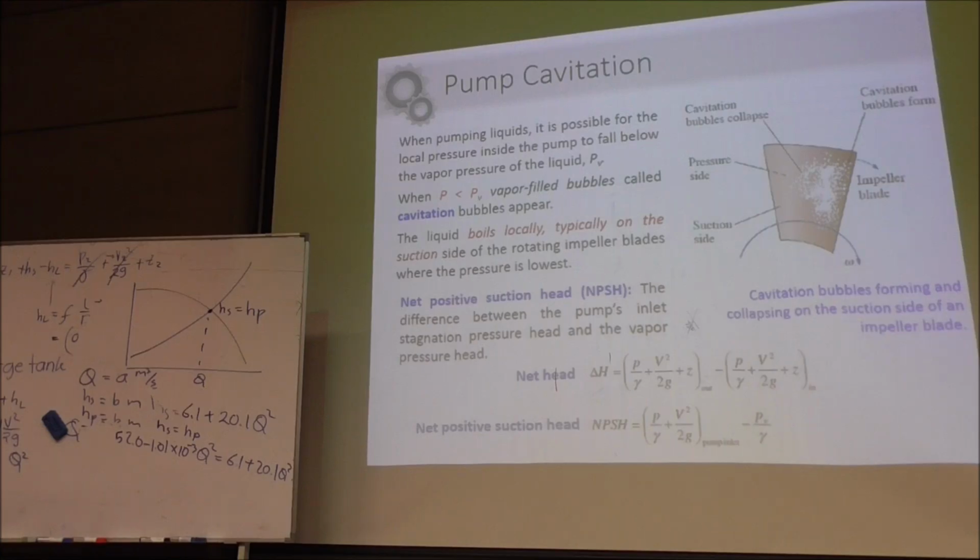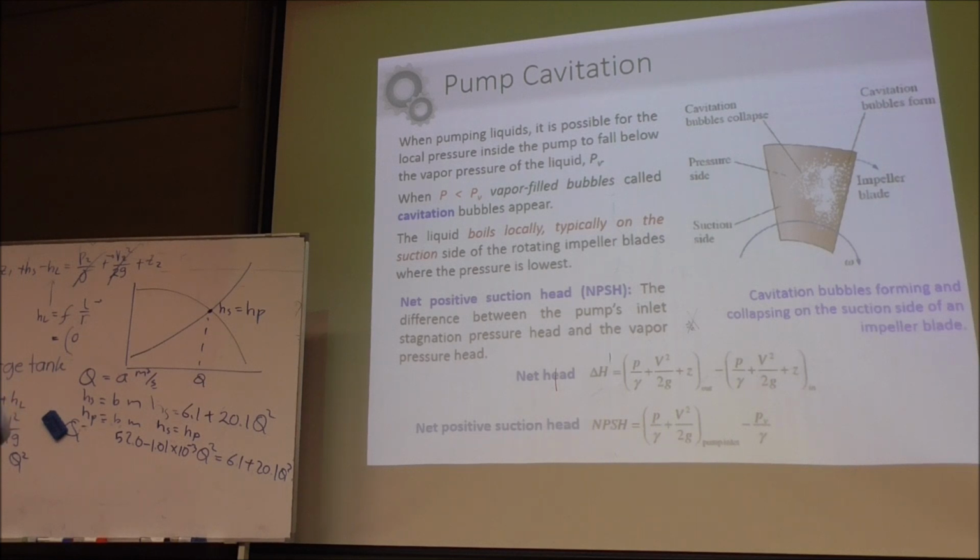So this is the problem when you have a cavitation, right? Okay, I told you that in the center of the impeller, the pressure is very low. That's why the water is sucked from the well to your pump, right? So you know that the pressure in the middle of the impeller is very low, right?